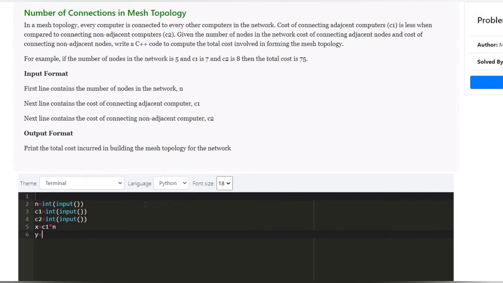For connection of non-adjacent, total connections are n into n minus 3 by 2. To print the total price, we have to multiply it by C2 also, as C2 is the price, and add the two. Now let's check the output.